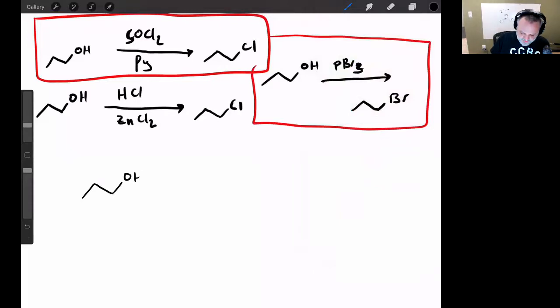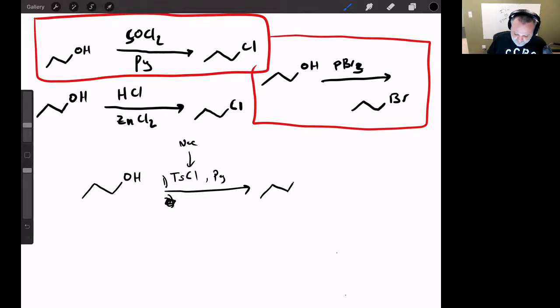They have an analogous stereochemical outcome as if you were to turn it into a tosylate first and then react it with some other nucleophile to do a substitution reaction.